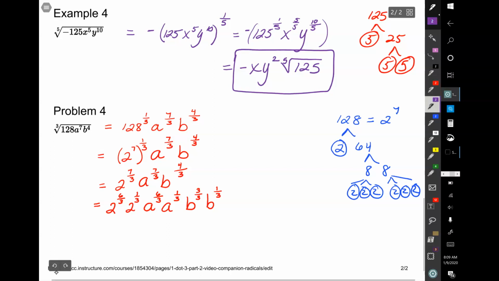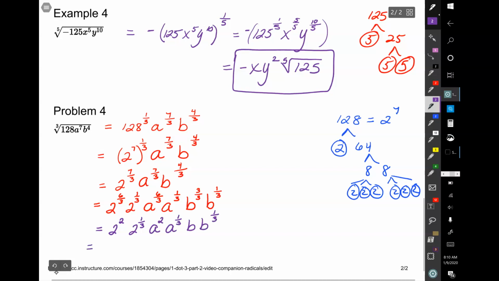And the second to last line I would do, 2 to the 6/3 becomes 2 squared. 2 to the 1/3 just stays as is. A to the 6/3 becomes a squared. A to the 1/3 stays as is. B to the 3/3 becomes just b to the first power, and then I'm left with a b to the 1/3. So I'm going to regroup these.